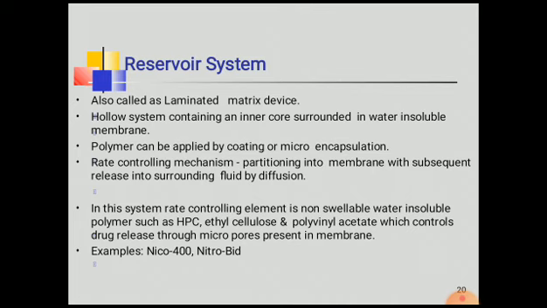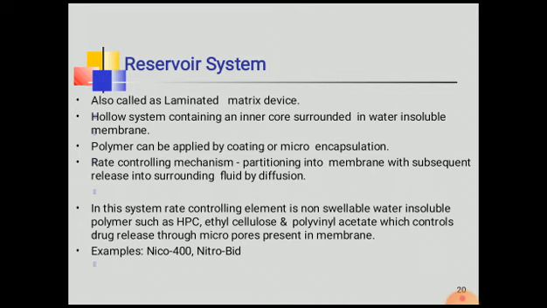For the outermost layer we use water insoluble, and for the inside layer, the matrix we are preparing, we use water soluble. So it is a hollow system containing an inner core surrounded by a water insoluble membrane, meaning the outer layer is a water insoluble membrane.